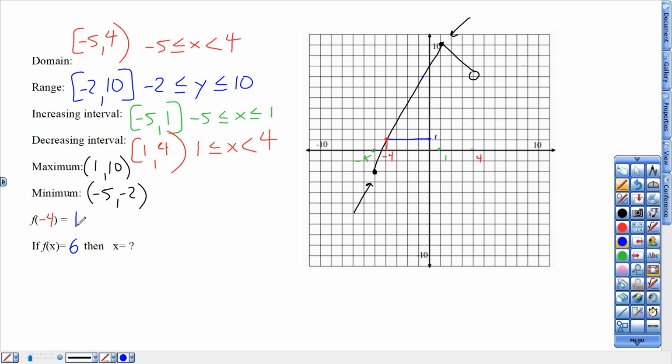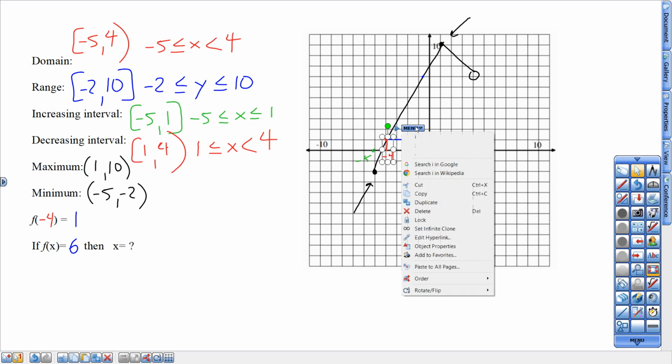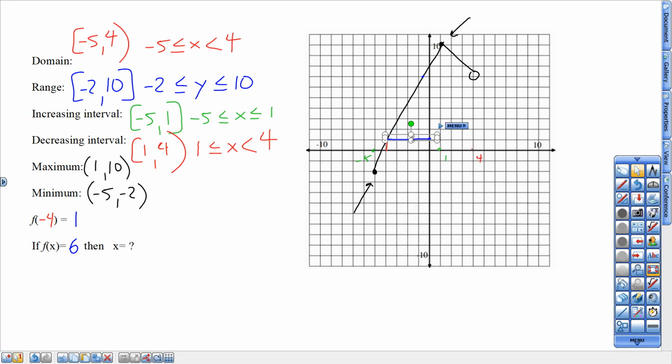The other one is the opposite way. You don't start by putting a number on the x-axis. For this next one, you put that first number on the y-axis. So go up to 6 on the y-axis. 1, 2, 3, 4, 5, 6.